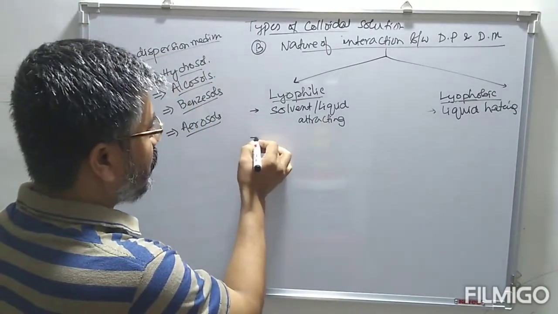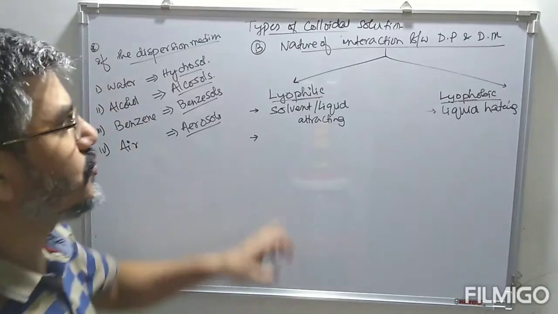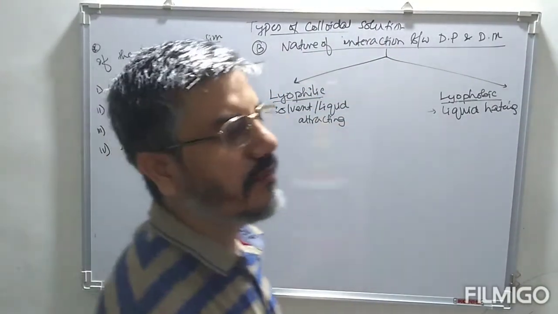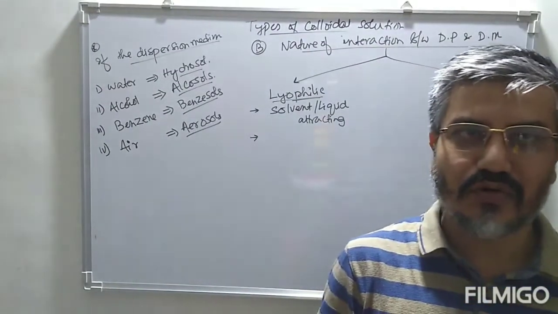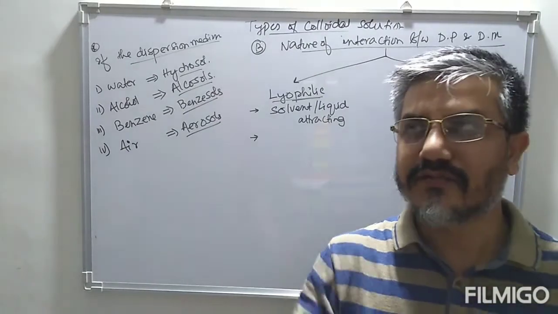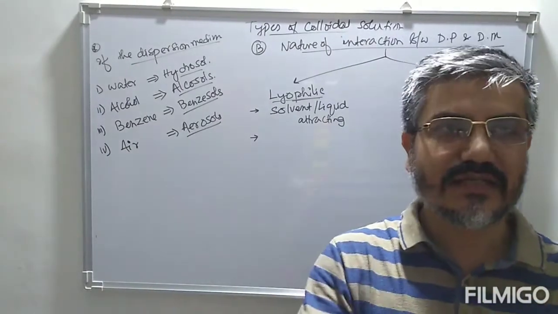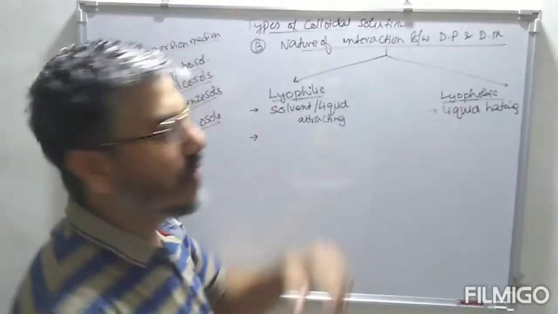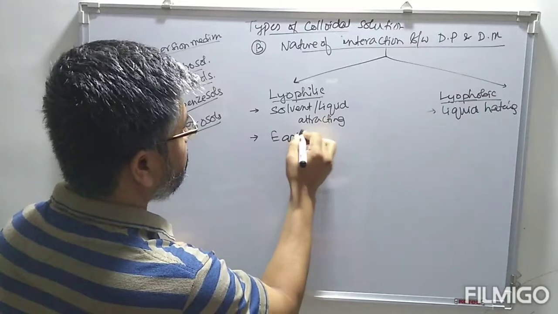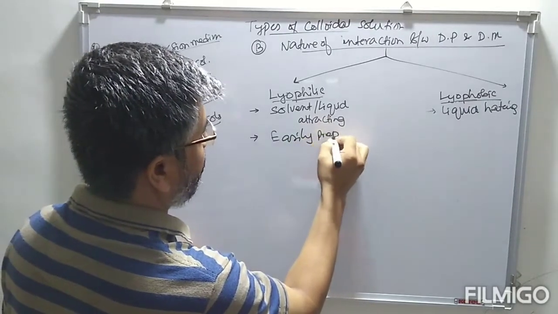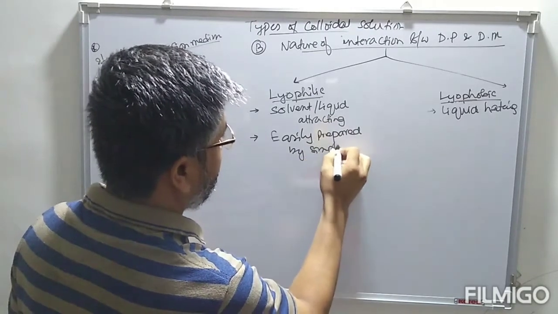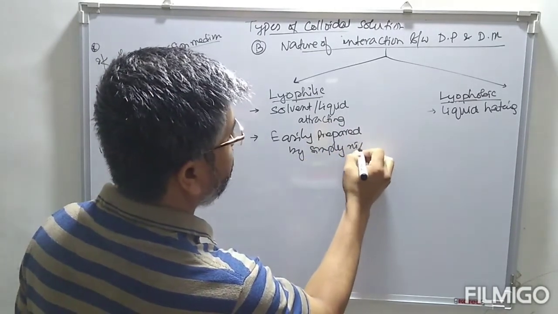Now, these lyophilic sols or lyophilic colloidal solutions can be easily prepared by mixing the two components, that is the dispersed phase and the dispersion medium. If the two components are mixed, they can easily be converted into a colloidal solution. So this can be easily prepared by simply mixing the two.